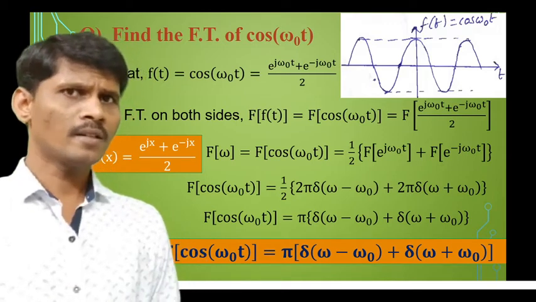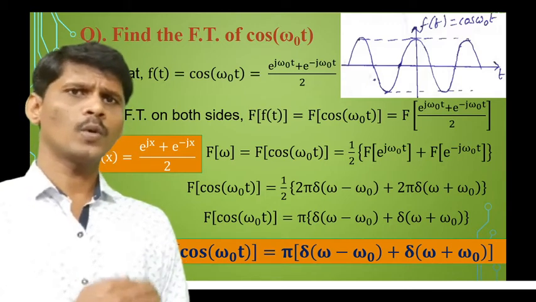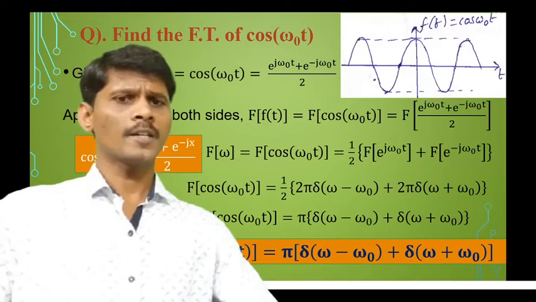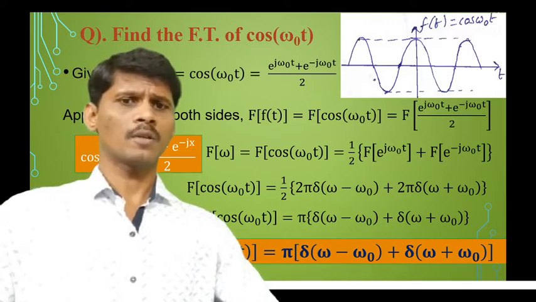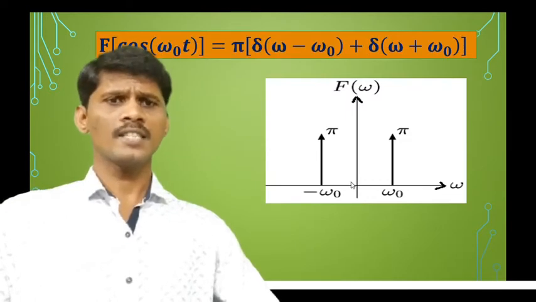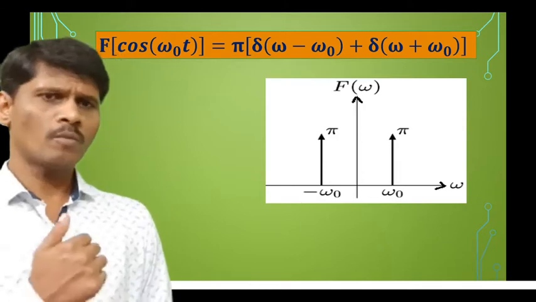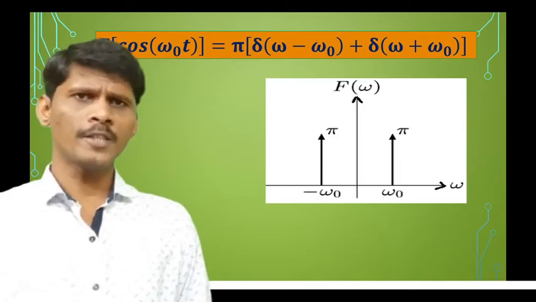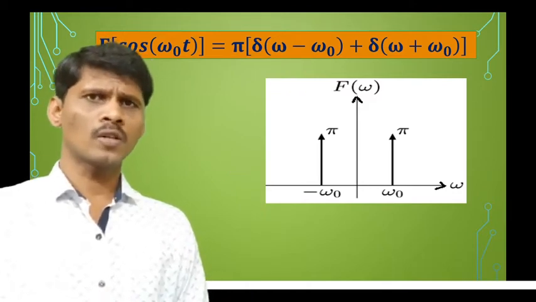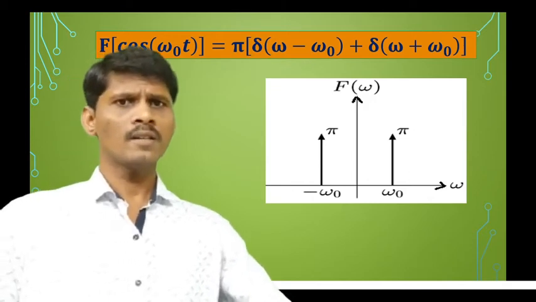After that, draw the amplitude spectrum or magnitude spectrum of the Fourier transform of cos omega naught t. The x-axis is frequency omega, which varies from minus infinity to plus infinity, and the y-axis is the magnitude of the Fourier transform.